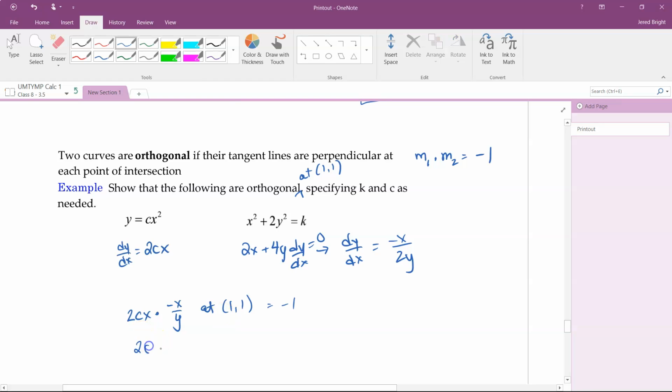We get 2c times -1 half. Oops, I forgot the 2 here. 2c times -1 half is equal to -1. And so then c would just be -1. I'm sorry, +1. So this gives you that c is +1.